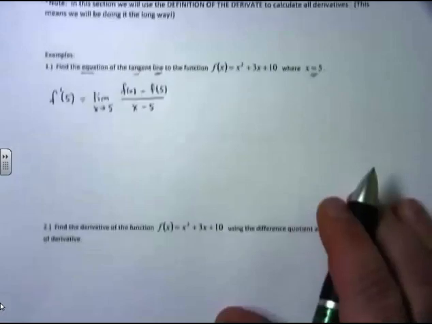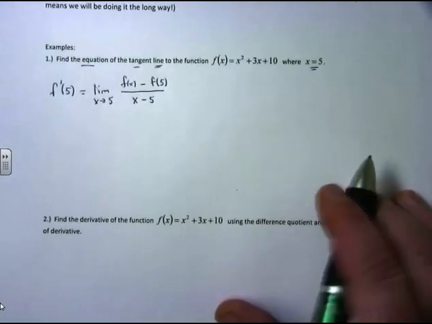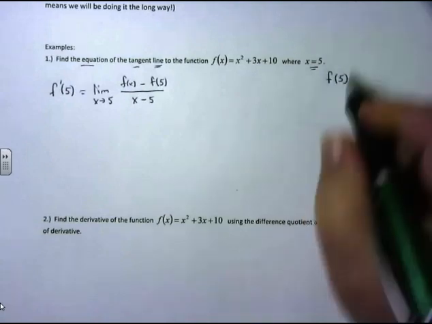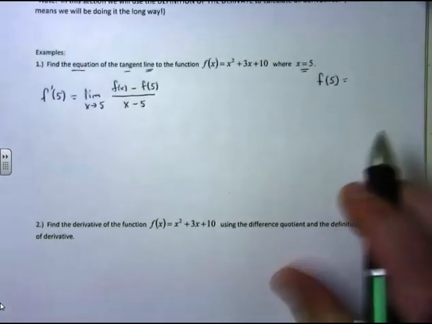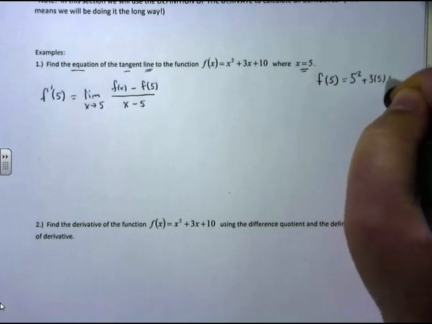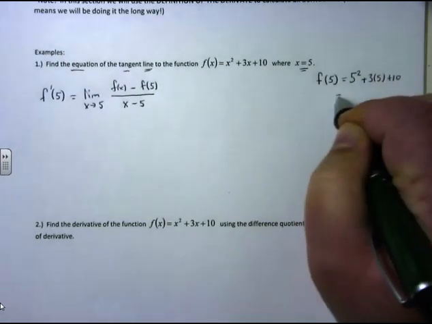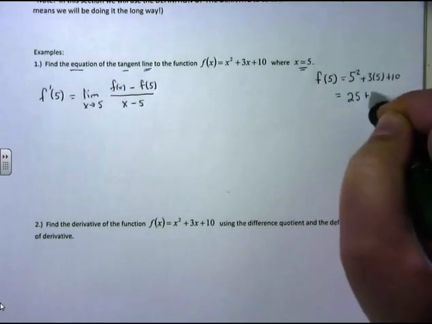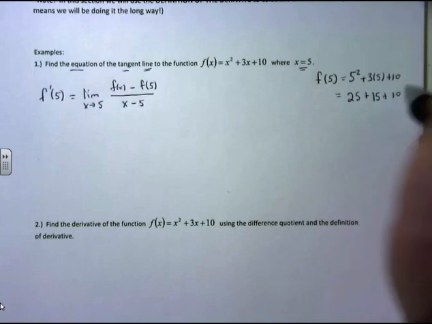Now, let's clean this guy up. First off, we want to figure out what f of 5 is. Well, f of 5 means I'm just going to plug 5 into my equation. This would be 5 squared plus 3 times 5 plus 10. Cleaning this up, this is 25 plus 15 plus 10.